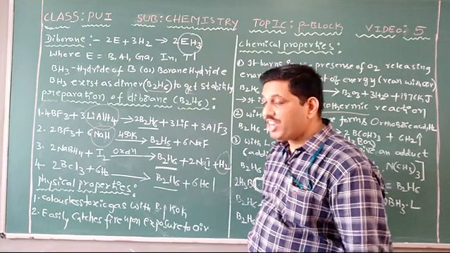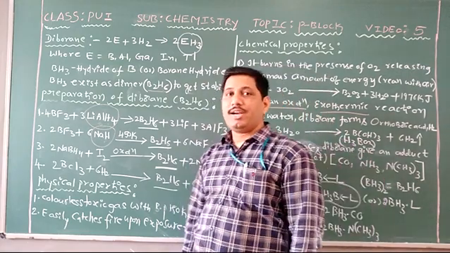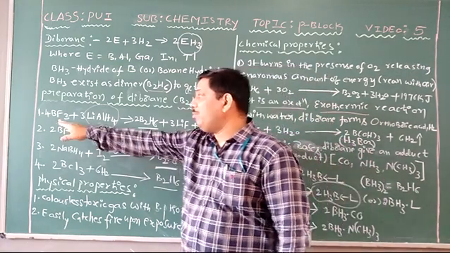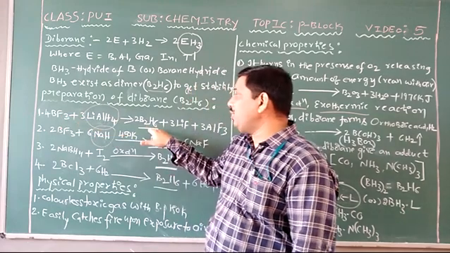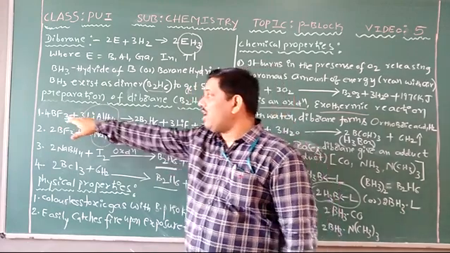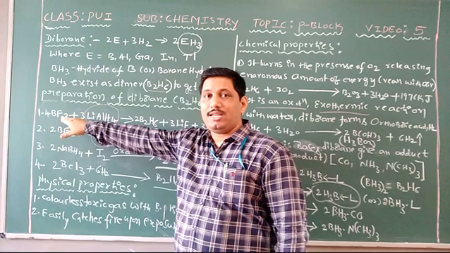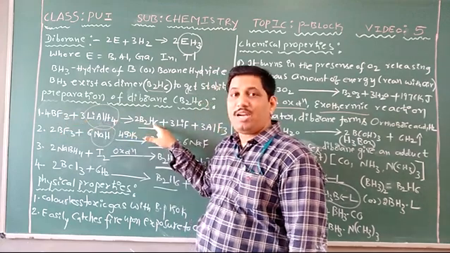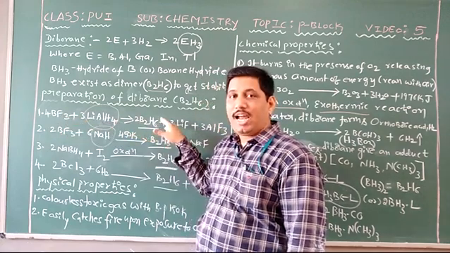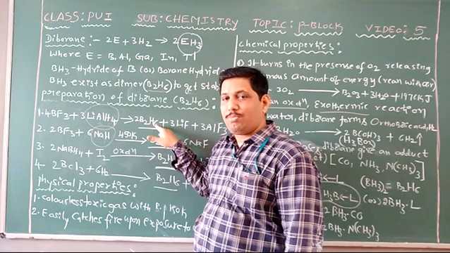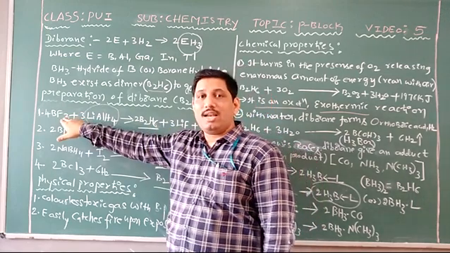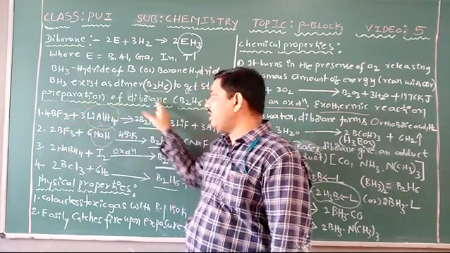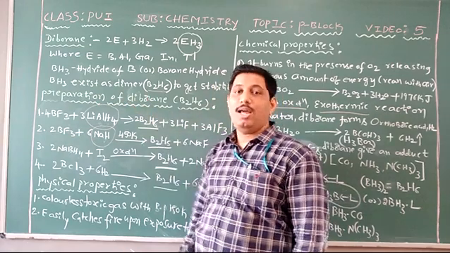It is a reduction reaction, because boron trifluoride is converted into diborane. Loss of electronegative element and addition of electropositive element hydrogen takes place. Fluorine is lost and hydrogen is added, hence it is a reduction reaction.